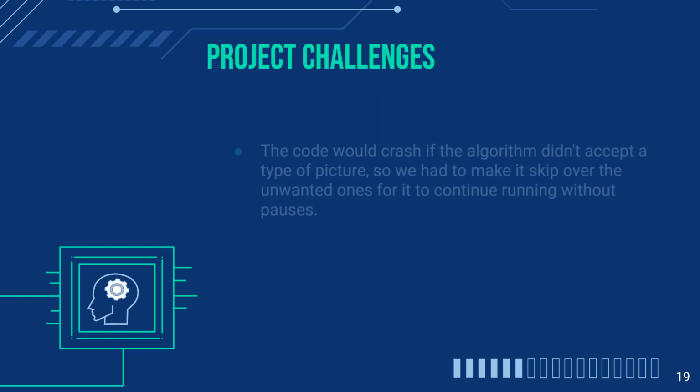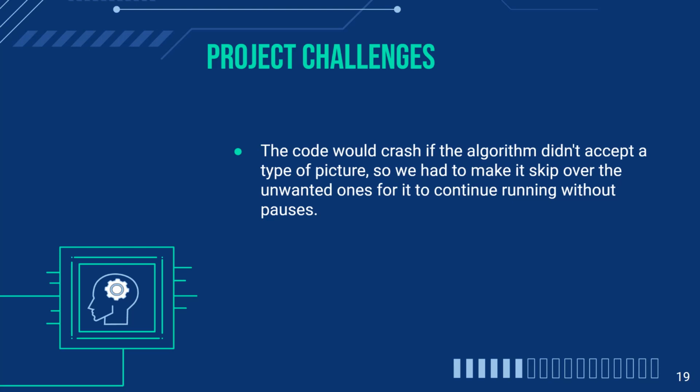Conclusion. So some of the challenges we had while doing this project. First, when running this algorithm, we had some problems with some images. Whenever we were running the program, if some images weren't the specific format, if it wasn't a JPEG or a PNG, the program would just crash and we would have to start from the beginning.